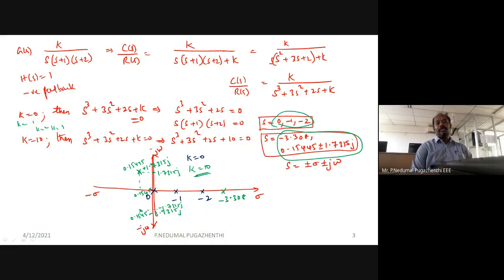And if I am able to trace the path of the roots, then it is called root locus.